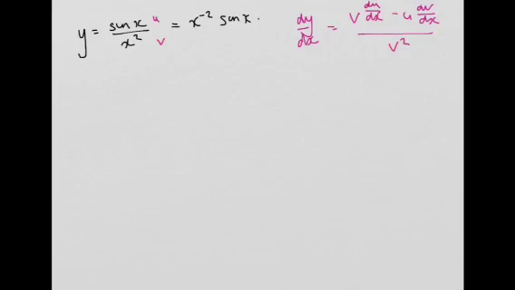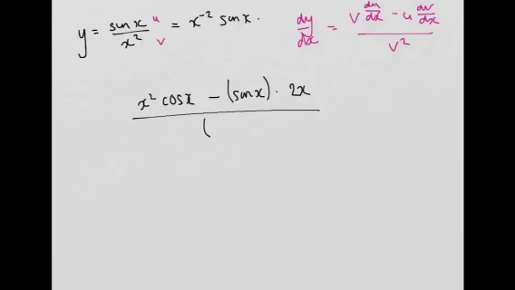I'm going to keep v the same, so that's x squared, and then du by dx, that's just going to be cos x, and then minus sine x, and then I'm going to differentiate this one, so this is going to be multiplied by 2x, all over v squared, which is going to be x squared squared.